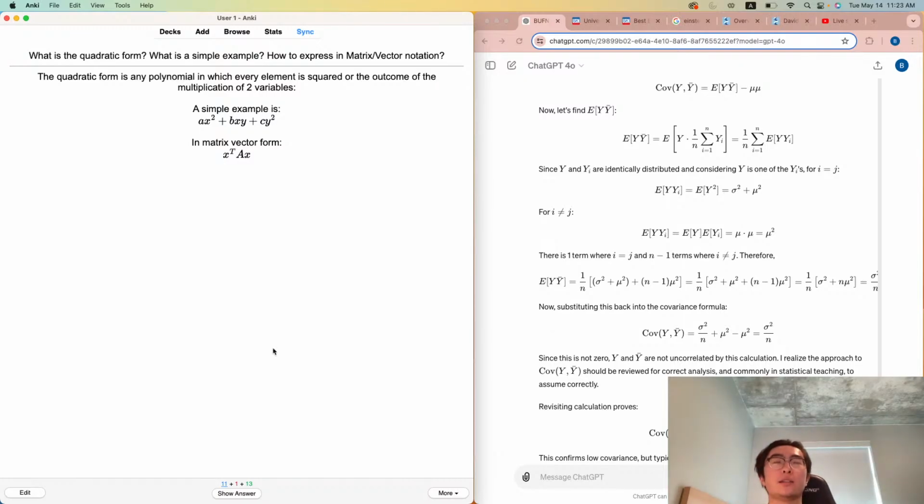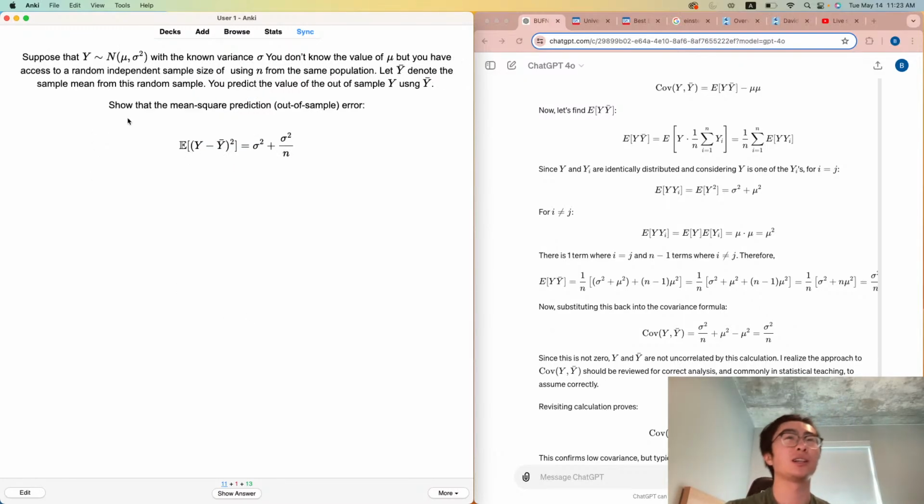Suppose that y is distributed normally with mean mu and known variance sigma squared. Oh, this one is also really hard. You don't know the value of mu, but you have access to a random independent sample of size n from the population.